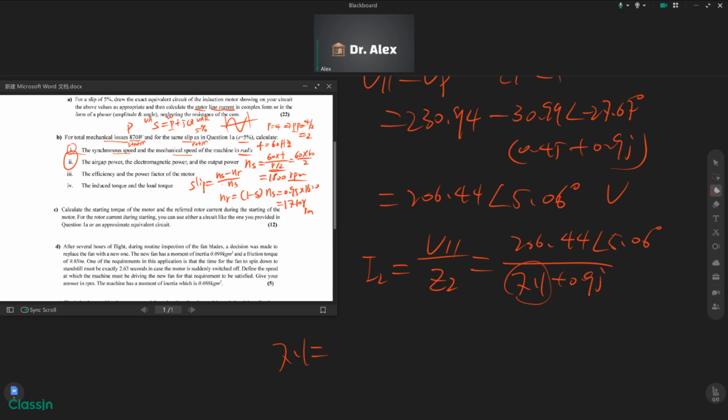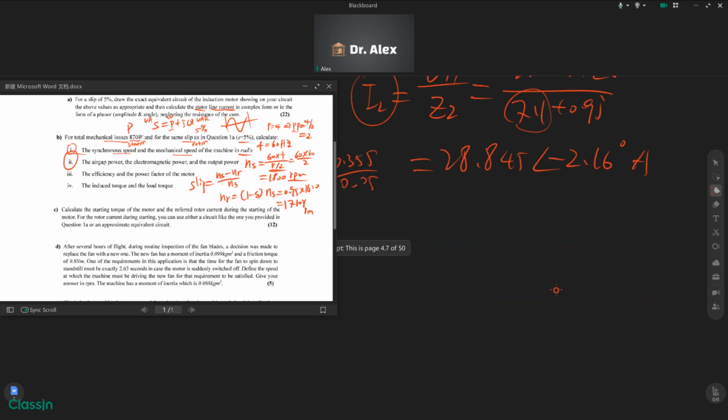It equals R2 divided by s, which is 0.355 divided by 0.05. That's how we get the value of 7.1. And we can get the final result for the value of current I2, which is 28.845, with the angle 2.16 degrees, in amperes.